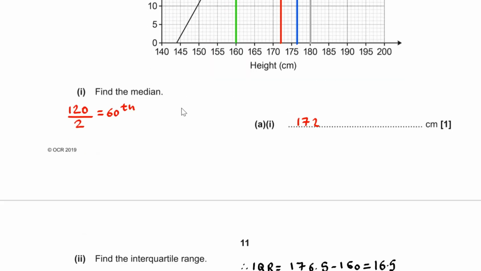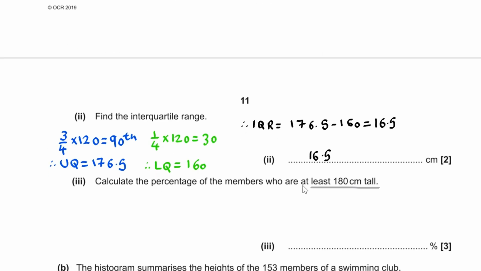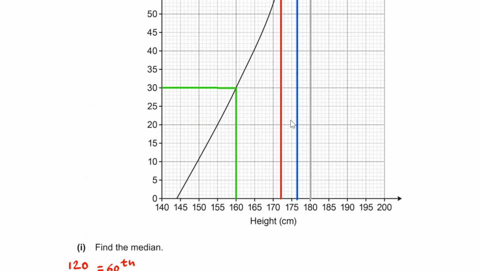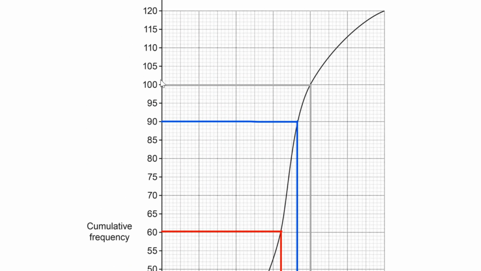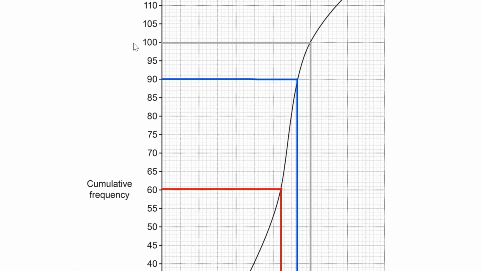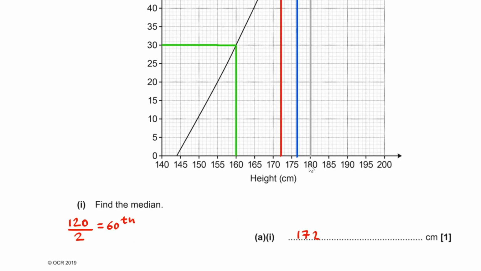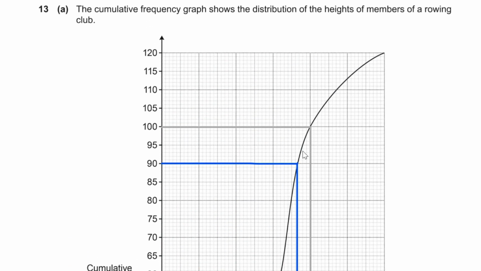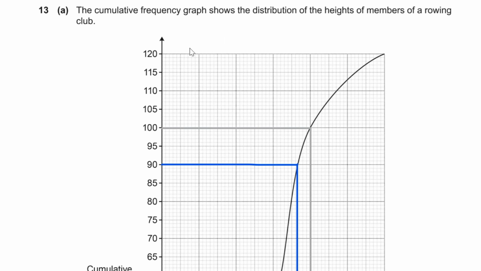Well, to work out the percentage of members who are at least 180 centimeters tall, well, this 100 means that 100 people have a height of 180 centimeters or less. So at least 180, well, if we work out this difference here, this corresponds to those who have a height of more than 180 centimeters. So we've got 20 people here.